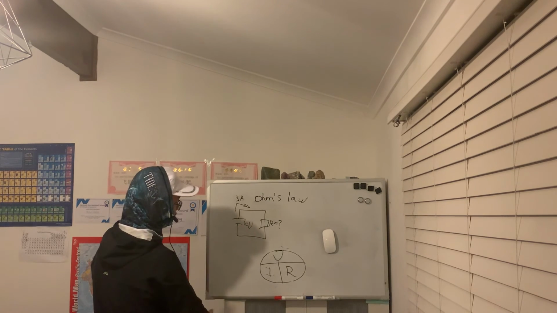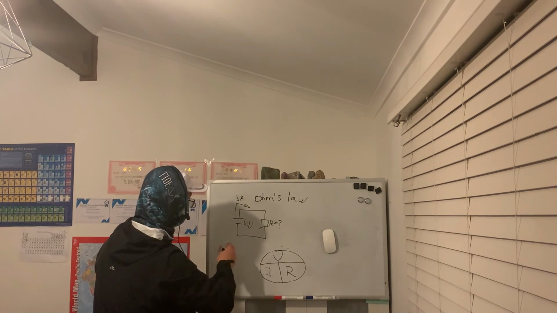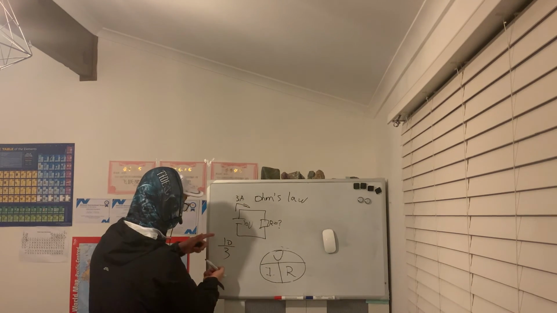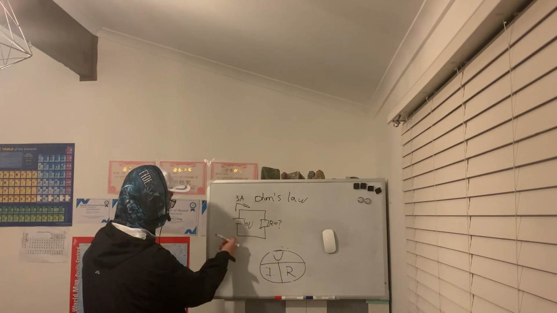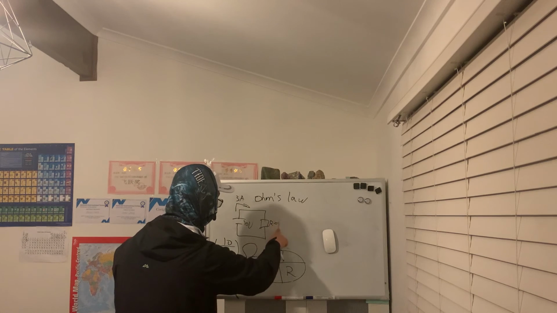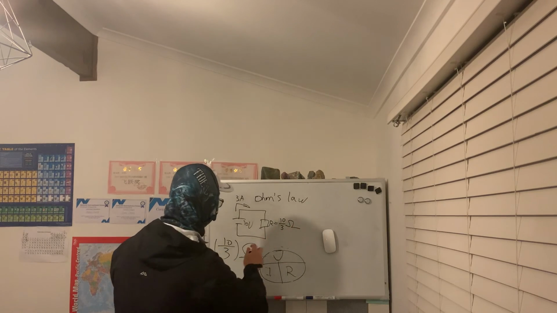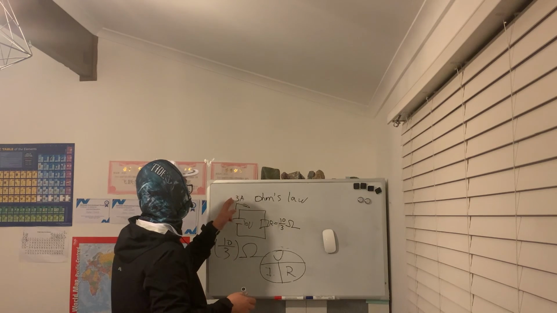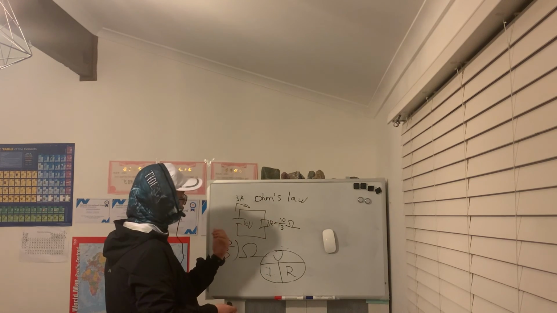So it asks you for resistance. So you calculate the resistance and you get U divided by I. So you use U, 10, divided by I, which is 3, which gives you the fraction 10 over 3, and that's your answer. Don't forget the unit. I say that again. You can calculate it back, see if it's correct or not. 3 times 10 over 3 is 10, which means you're correct.